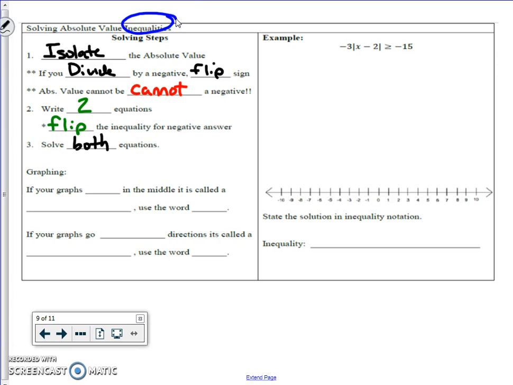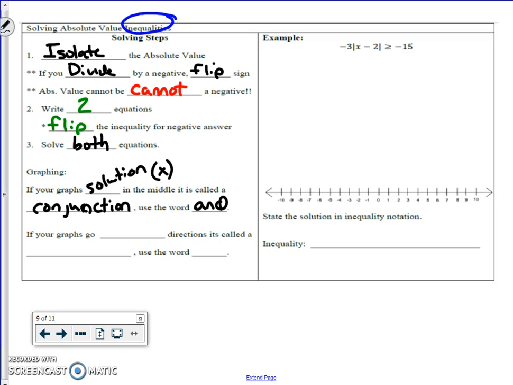Now we need to go through some considerations for graphing. If your graph's solution is in the middle, it's called a conjunction, and we use the word and. By the solution, I mean your x value.